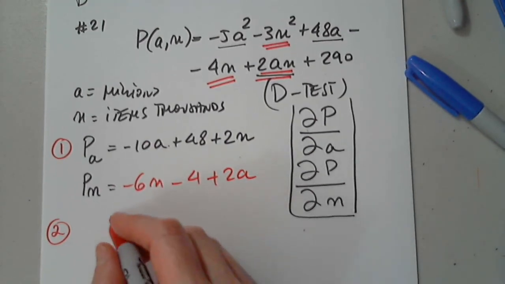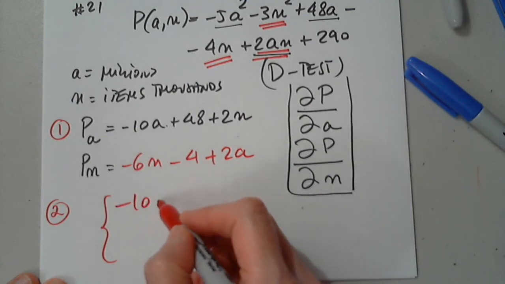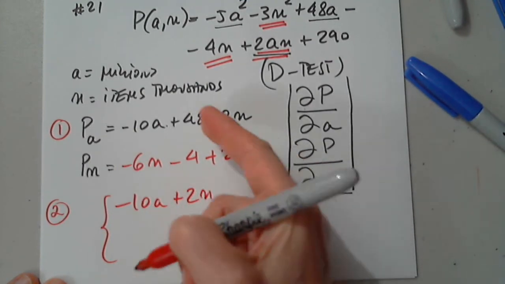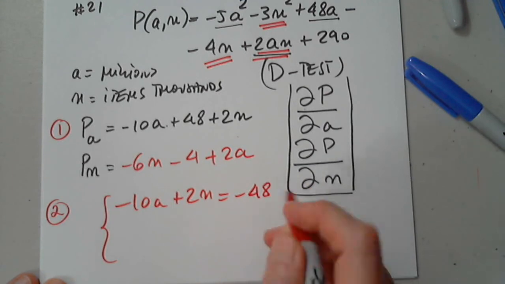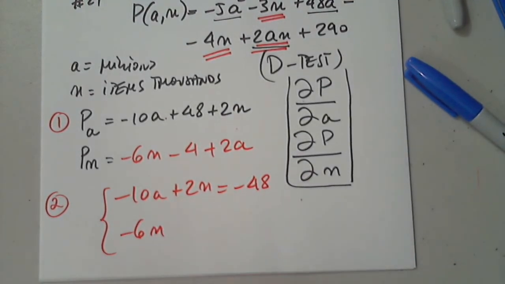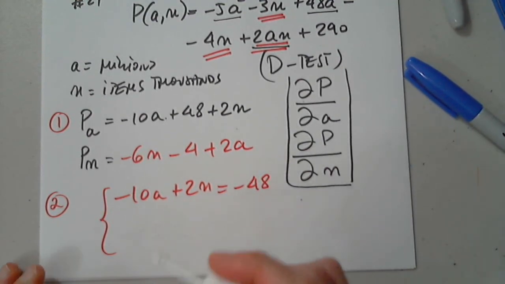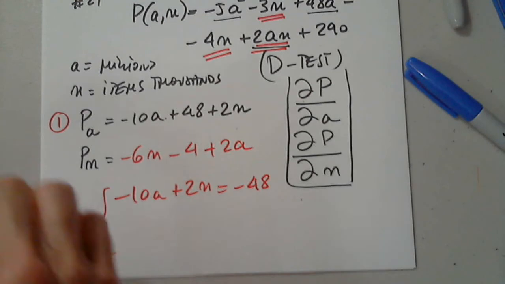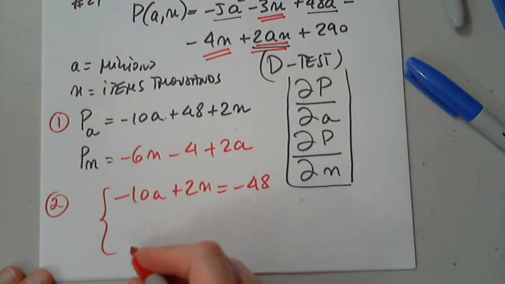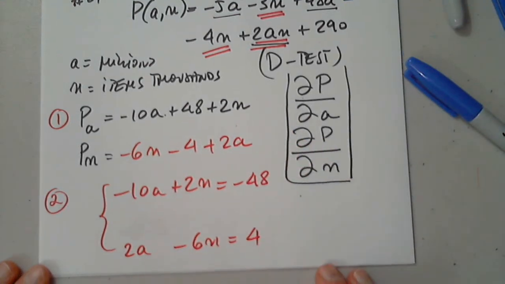Create a system in which I have negative 10A plus 2N equals negative 48, negative 6N. I want to put them in the exact same order, because I'm simplifying everything here, getting it ready to solve it. So 2A minus 6N equals positive 4.